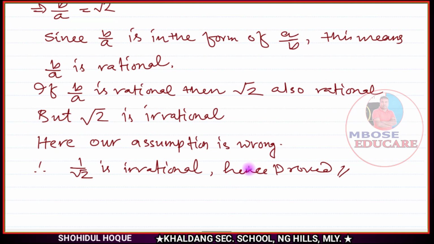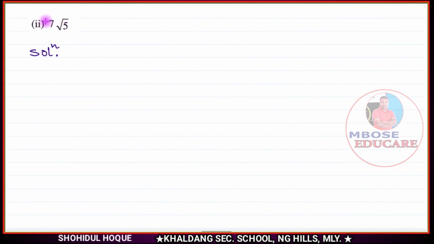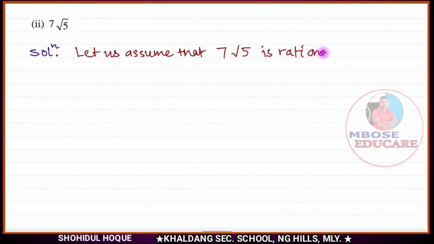Now we shall solve part number 2 from question number 3. This is part number 2. Here also we have to prove this number is irrational. So let us assume that 7 under root 5 is rational.